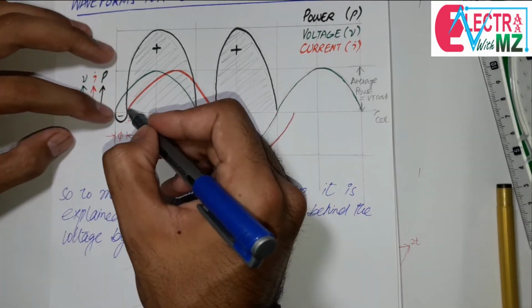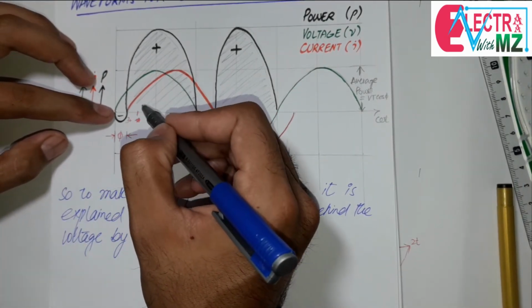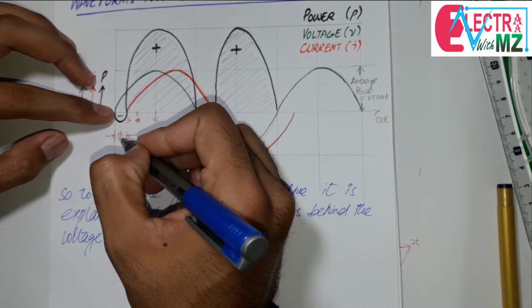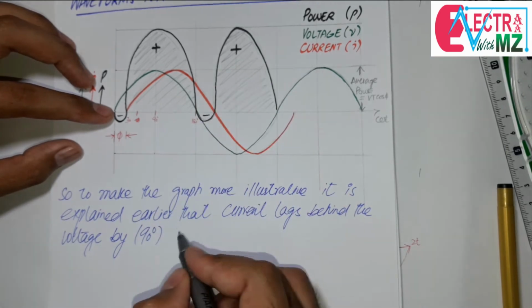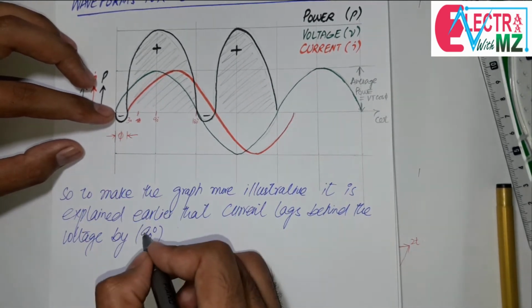Okay, this is the current lagging behind the voltage with the phase angle phi equal to 90 degree, and here in this case this is the 30 degree.